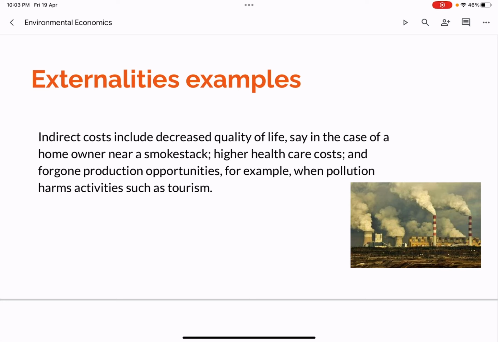For example, what would be the increase in the healthcare cost because of pollution, or what are the foregone production opportunities for the farmers, or there could be some hotels around that power plant, but because of the pollution, the tourism would be adversely affected. All these are indirect costs, and this indirect cost, if you compute and add to the private cost, becomes the social cost.